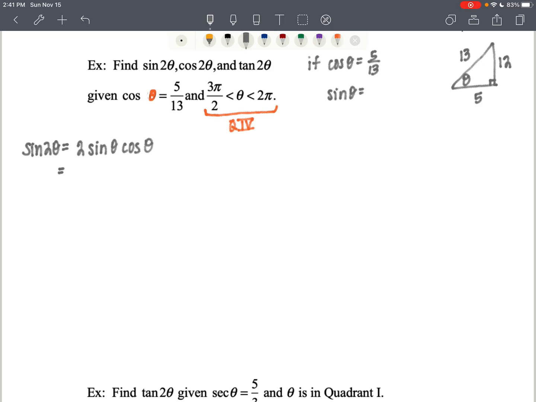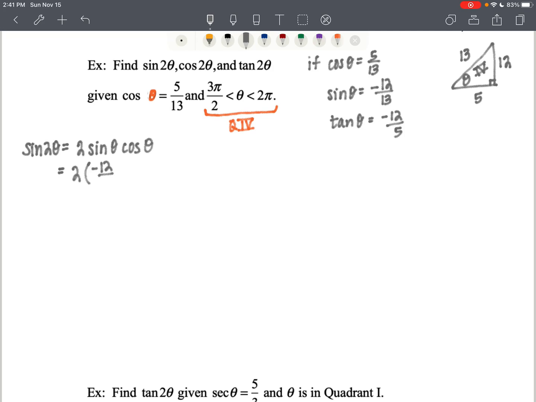So the sine of theta in quadrant 4 would be negative 12/13. And the tangent of theta, should we need that, would be opposite over adjacent, which in quadrant 4 would be negative.